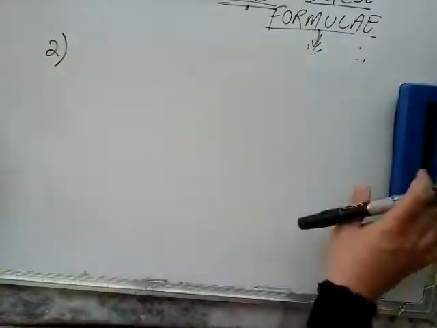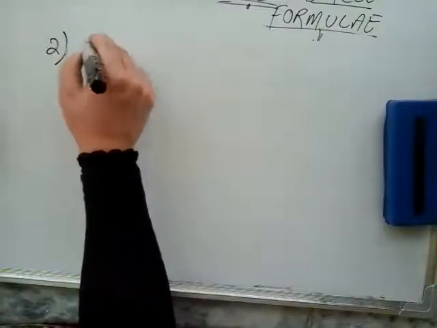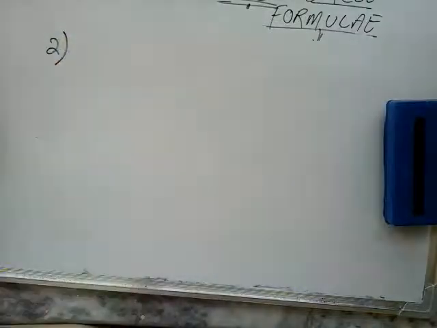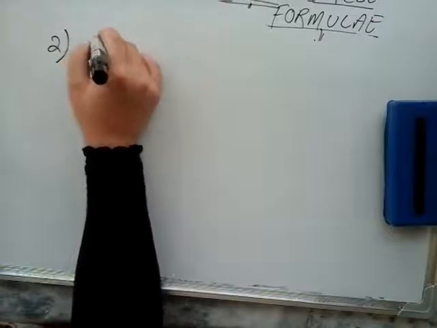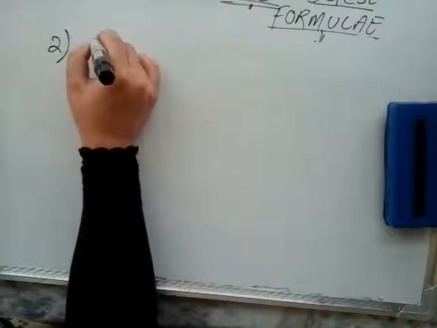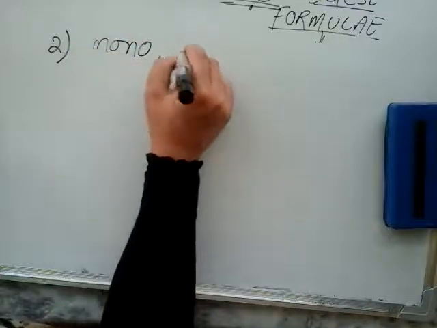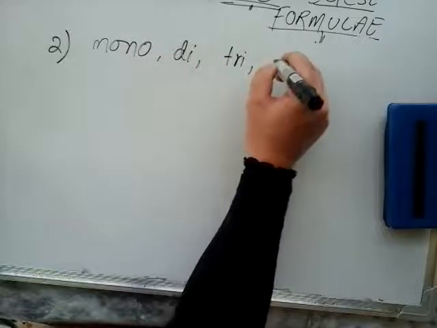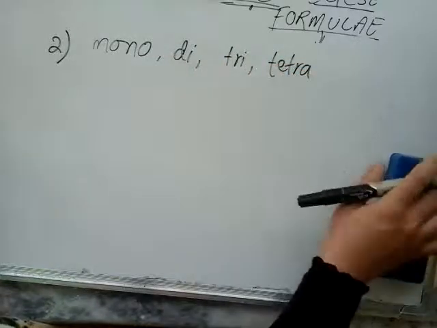In the same case, the second rule for writing the formula is that sometimes we also use the words, the prefixes, like mono, di, tri, tetra, or penta.